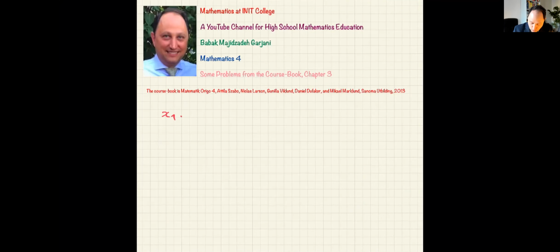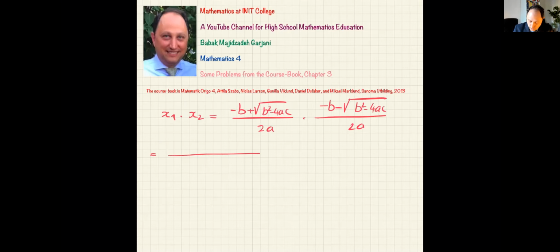So if I want to multiply x1 by x2, it becomes minus b plus square root of b squared minus 4ac divided by 2a multiplied by the other root, which is minus b minus square root of b squared minus 4ac divided by 2a. If I want to multiply these two fractions, the denominator is simply 4a squared. But these two make a conjugate pattern.